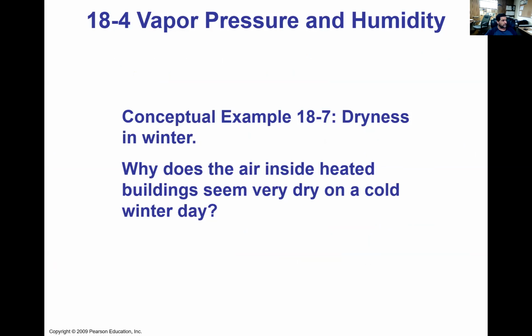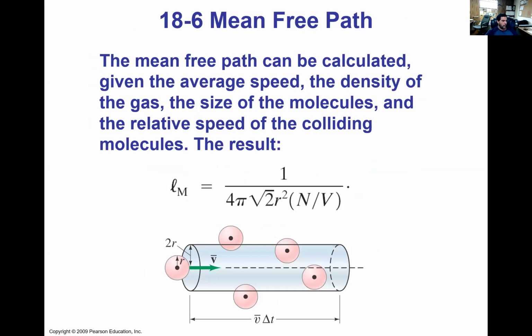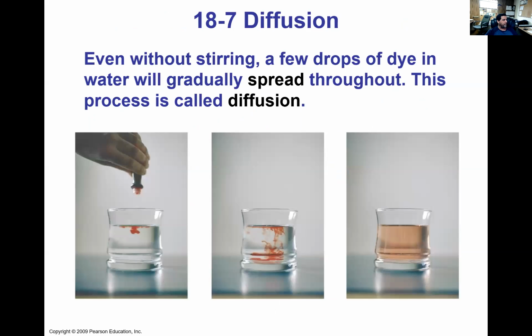That takes us to section 18.4. 18.5 deals with the van der Waals equations of state. You are not responsible for this. If you want to look over it, you're welcome to. You are not responsible for that, free path, or diffusion.